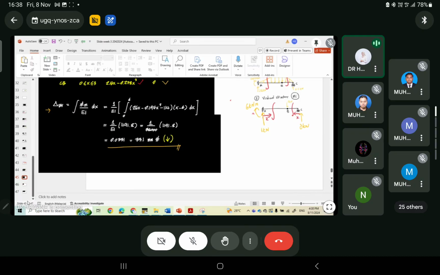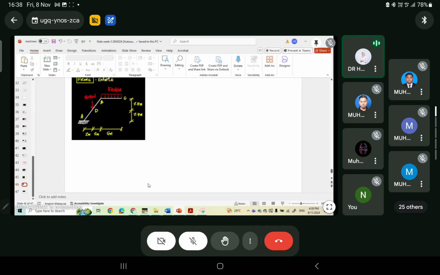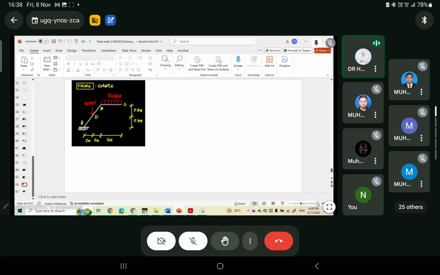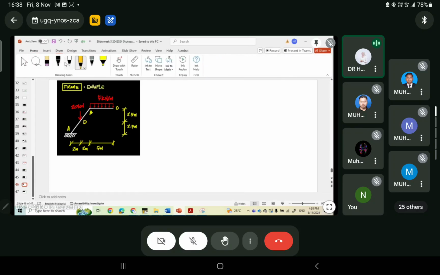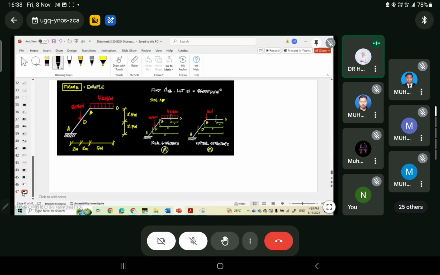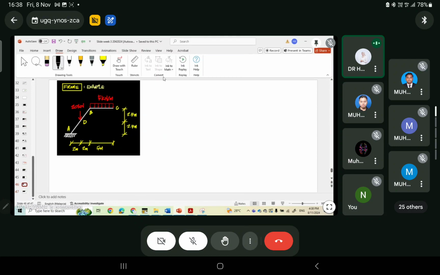Alright. So for this one, we have a frame structure punya questions. Okay. So what we have here, okay. So kita nak determine the vertical displacement. Let me check what is the question. Okay, vertical displacement at B. Okay.